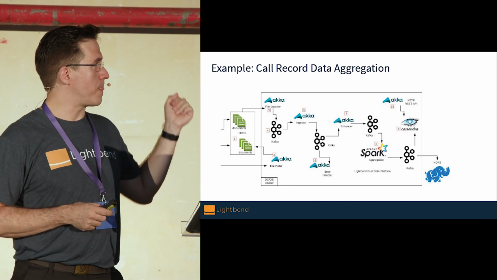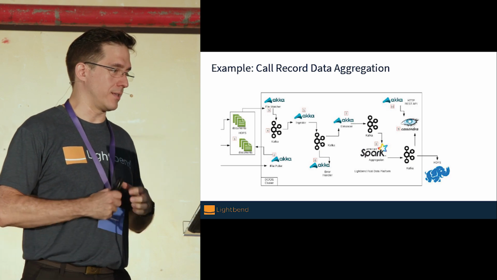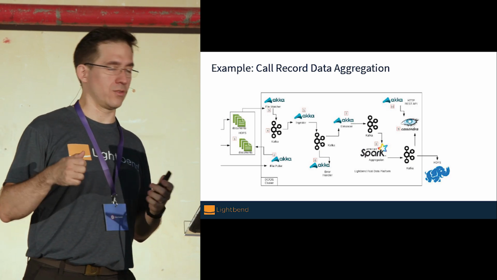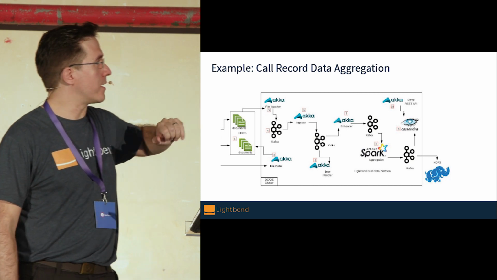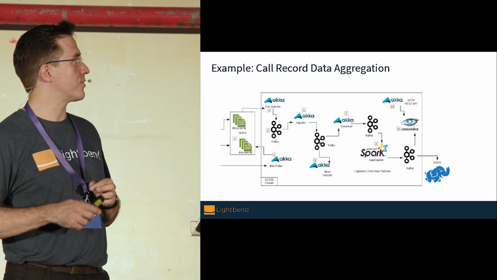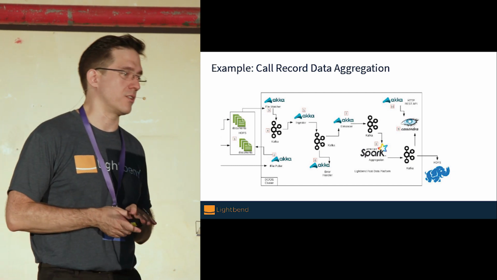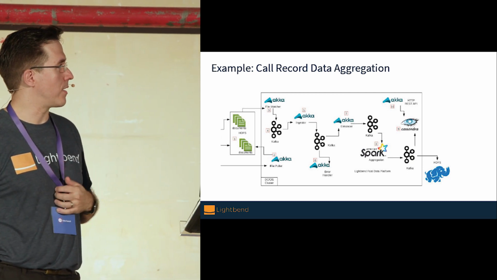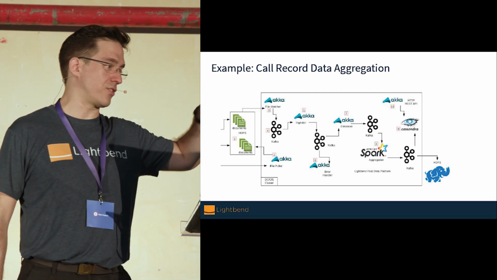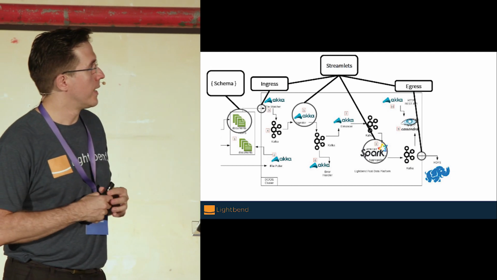And they do some aggregation on top of that data that is produced to Kafka and to some HDFS backend. So that flow internally goes through several Akka Streams processors, and all the aggregation is done in Spark, using the streaming framework to produce the aggregations that go to HDFS and to Cassandra eventually.